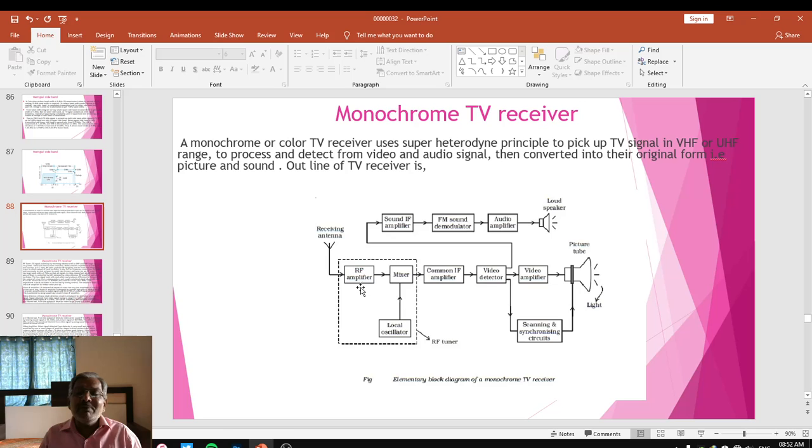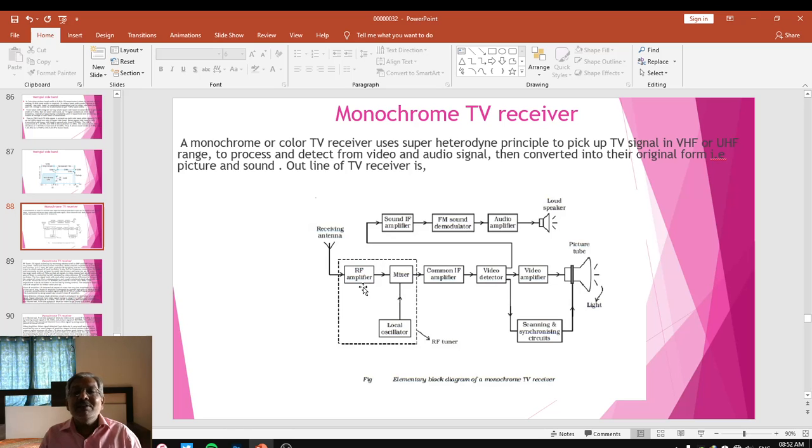The gain of the RF amplifier is also adjustable. If the incoming signal is very weak, it is amplified more. If the incoming signal has a proper gain, then it will be amplified less. All these functions are performed by the RF amplifier.